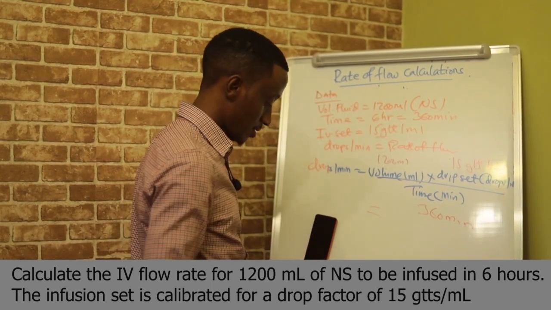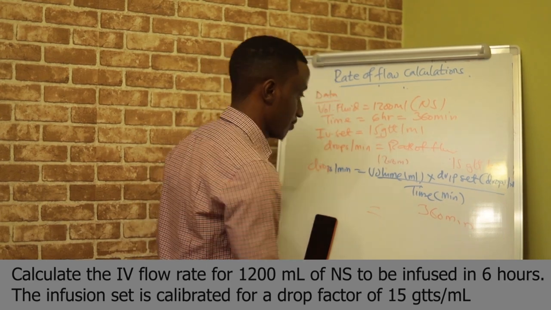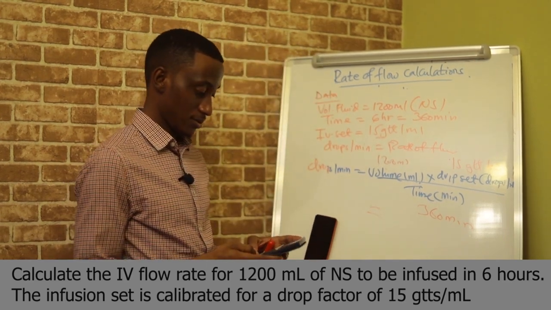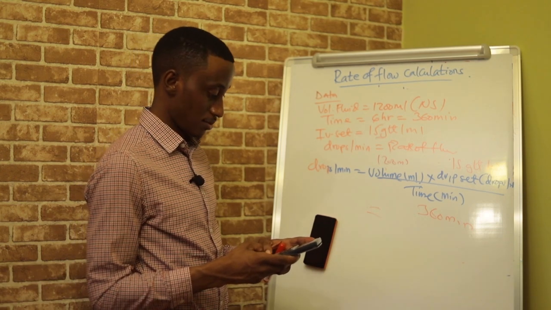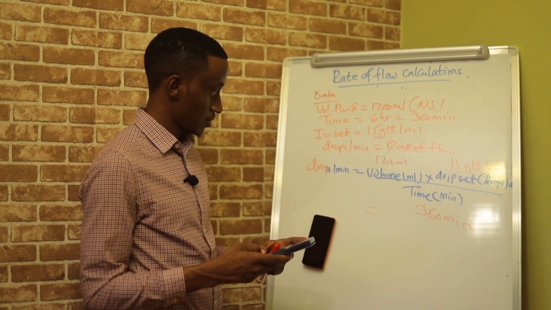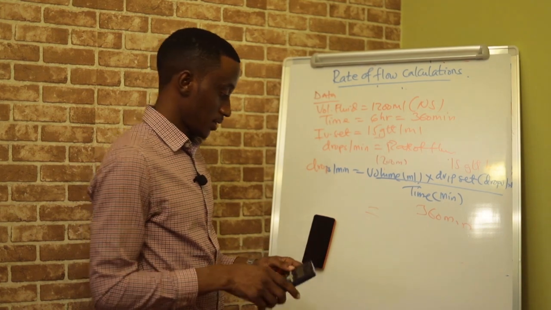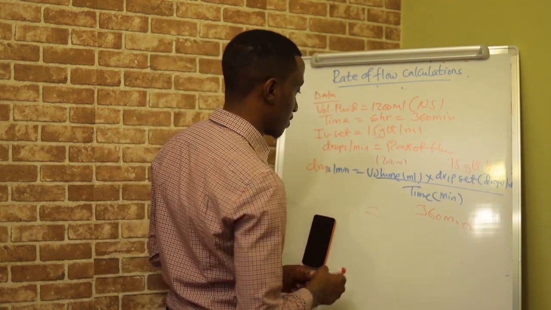This will give us 1,200 times 15 over 360, which is 50 drops per minute.